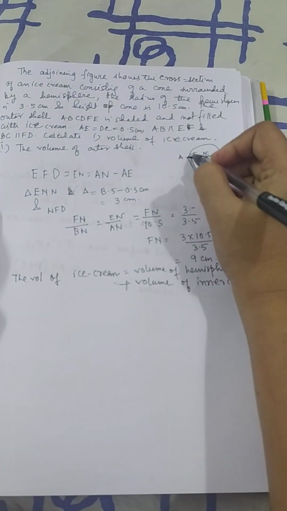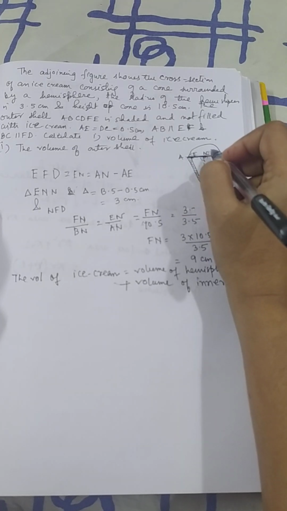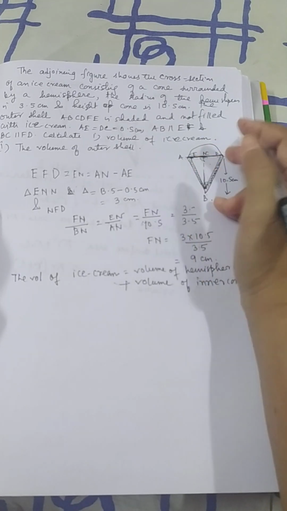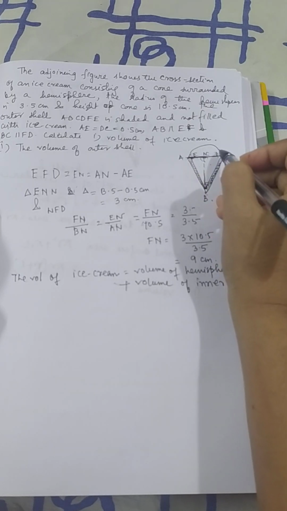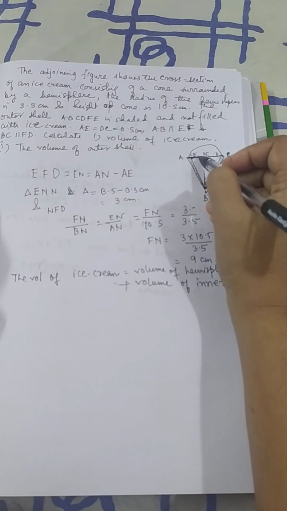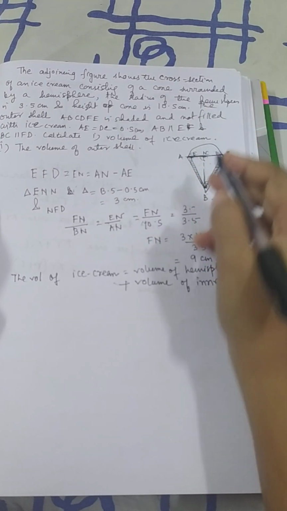Why hemisphere? Because it is also made up of ice cream. When the ice cream scoop is given, you know that these are full of ice cream. So we have to take into consideration the volume of the hemisphere, right?